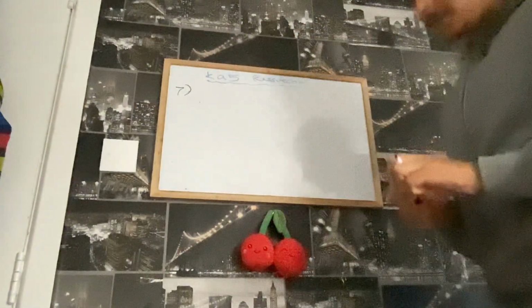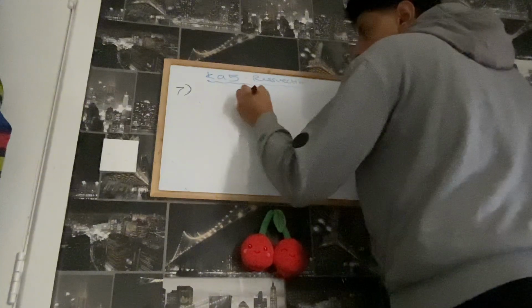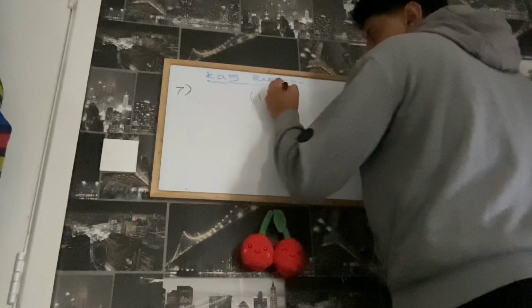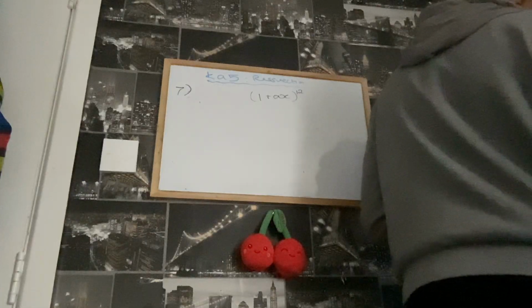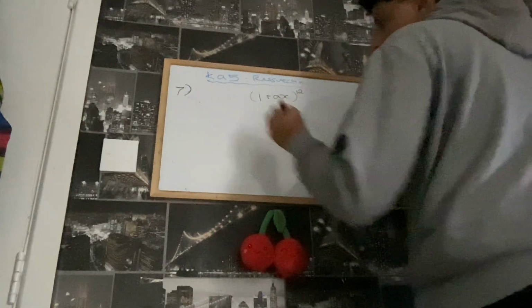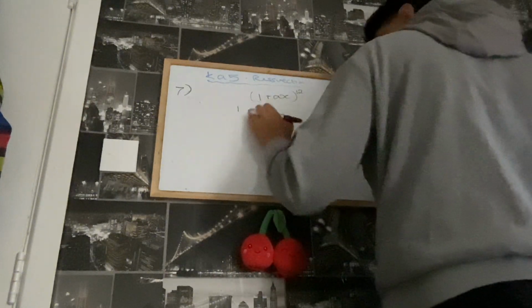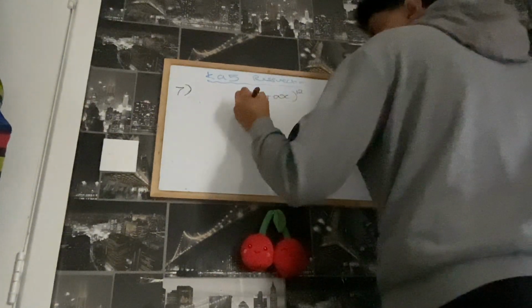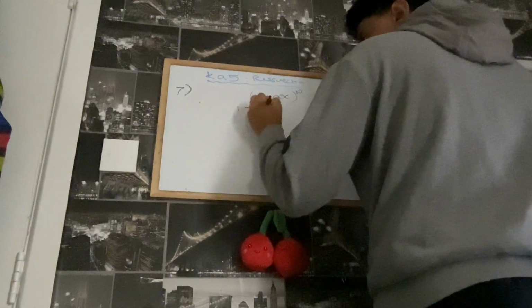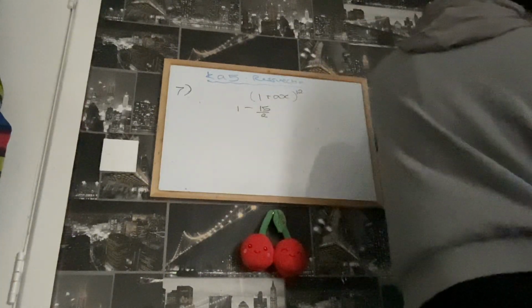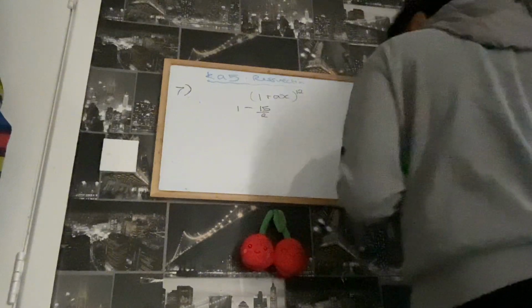Hopefully that is clear enough. Question 7 states the binomial expansion of (1 plus ax) to the power of 12, up to and including the term x squared, is 1 minus 15 over 2 x plus kx squared.